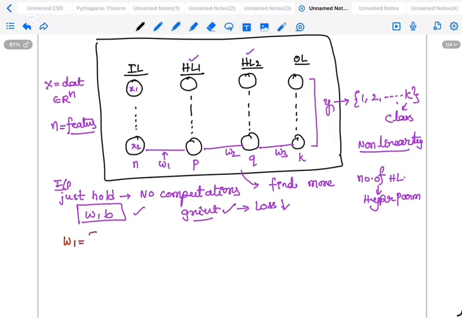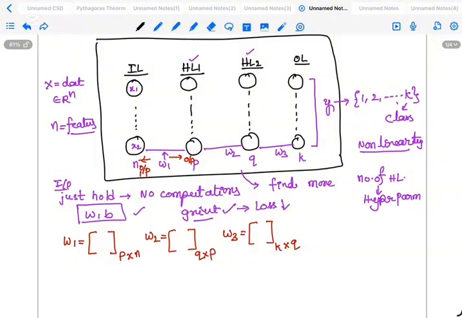For W1, the output layer size is P and the input layer size is N, so P cross N. For W2, the output size is Q and the input size is P, so Q cross P is the number of elements in the W2 weight matrix. For W3, the number of neurons in the output layer is K, so K cross Q. All these are weight matrices.